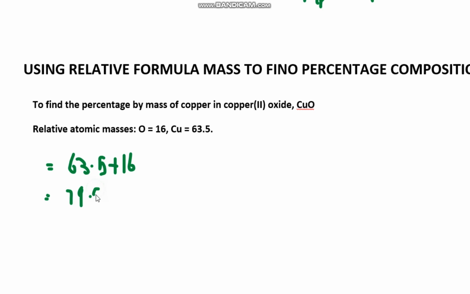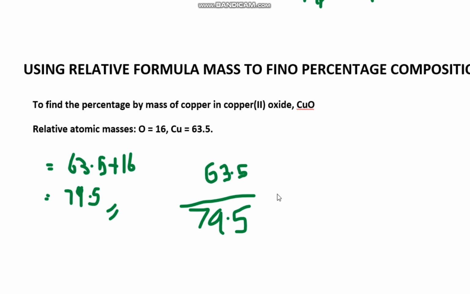You have to put this relative formula mass in a fraction, where at the top we'll put copper's mass, 63.5, over 79.5, times 100.